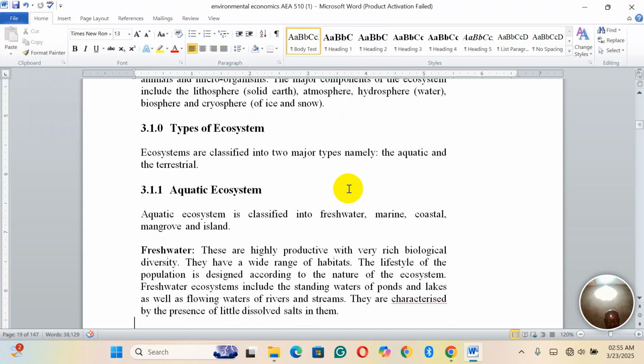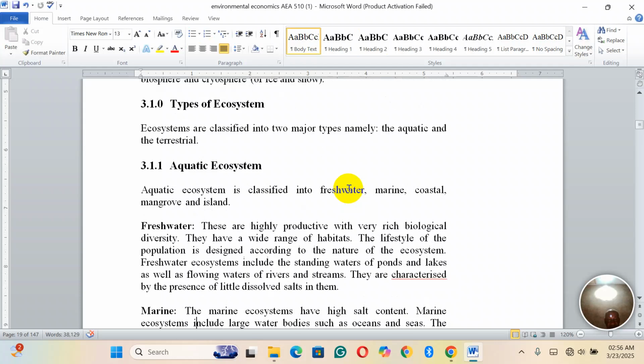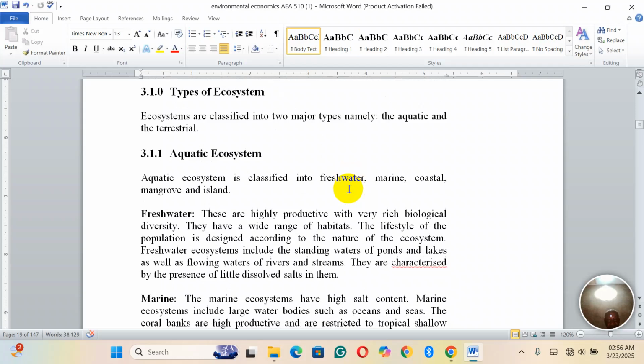We'll talk about the types of ecosystem. We're looking at the aquatic ecosystem. The aquatic ecosystem is classified into the freshwater and marine, coastal, mangroves, and also the island. Then we also look at the freshwater. These are highly productive with very rich biological diversity.